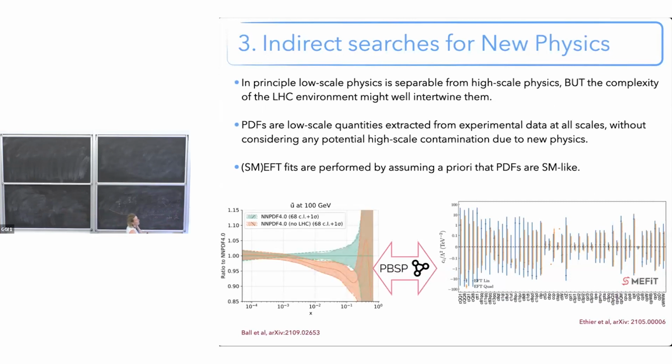So in principle, you should ask me, why do you care about the interplay? In a sense, PDFs are low-scale physics that is separable from high-scale physics. However, the complexity of the LHC environment might intertwine them because we're using the same data to extract both, not because the PDFs are high-energy effects.